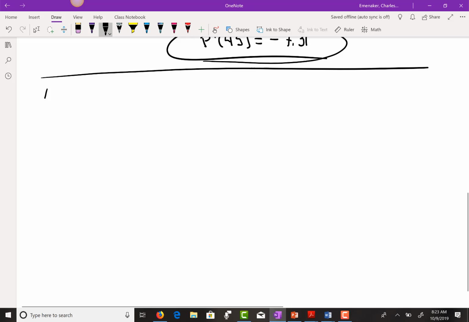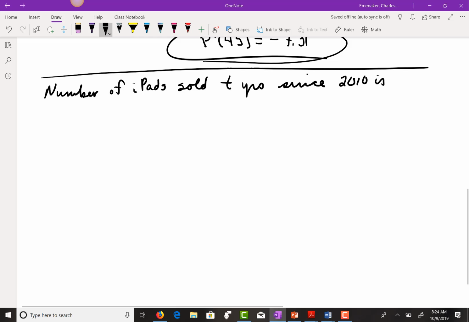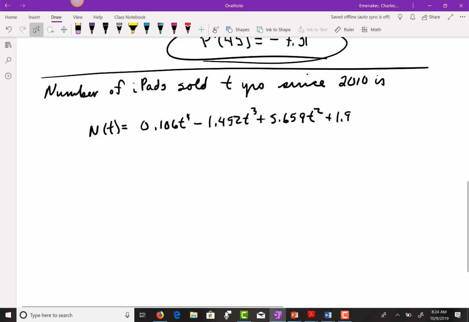Number of iPads sold t years since 2010 is approximated by N of t equals 0.106 t to the fourth minus 1.452 t cubed plus 5.659 t squared plus 1.946 t plus 20.714.